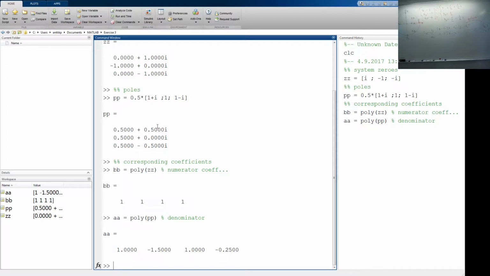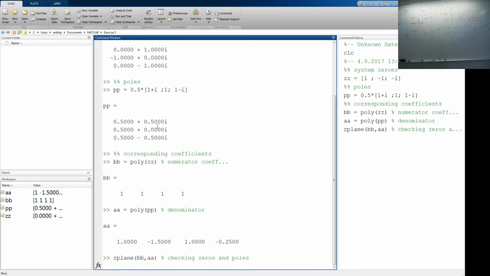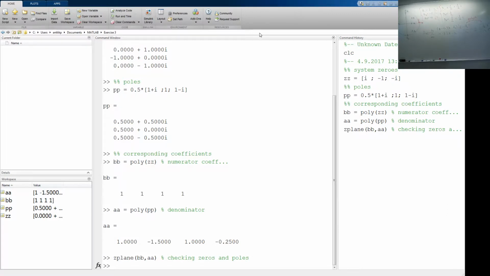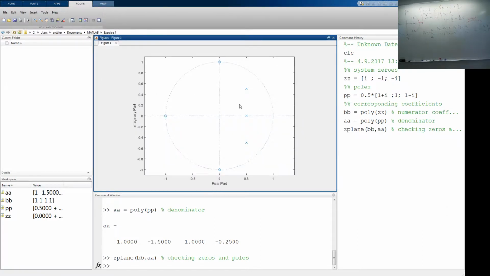Now we can do some other things like, well, just for fun I will check if this is the system where I started. Z-plane, checking zeros and poles. Z-plane, yeah, wow, that's cool.